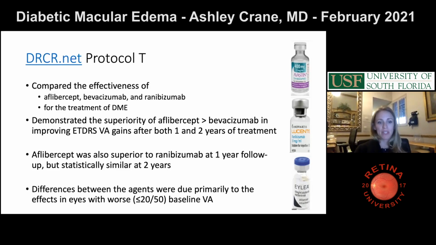So perhaps it makes more sense for you to treat with some of the more expensive agents in patients who have poor vision to start with, and maybe you can start with the Avastin in patients who have better vision to start with, because they won't gain as much if you're having to choose like that.